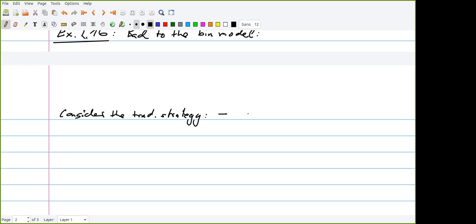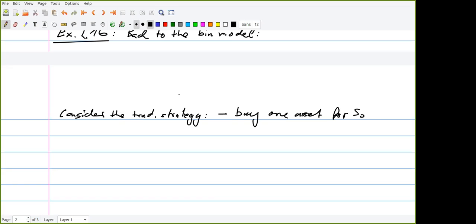which does the following. So I buy one asset. So I buy the asset for the price S_0, right?